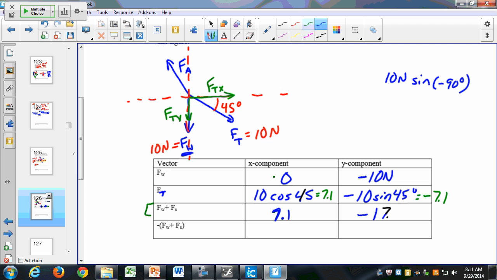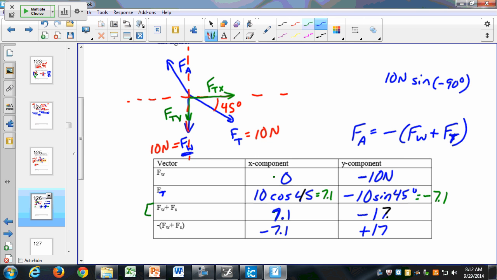And since we had said before that the air resistance is equal to the negative of Fw plus Fs, or Ft, the tension in the string, we just take the negative of these. So this will be negative 7.1 and positive 17.